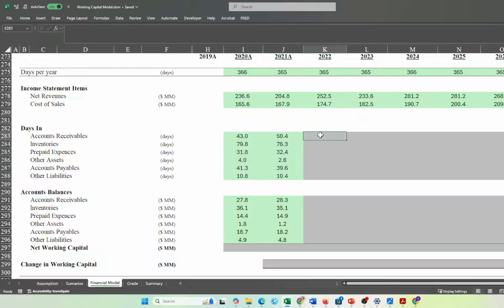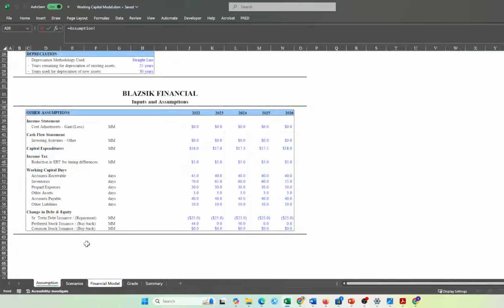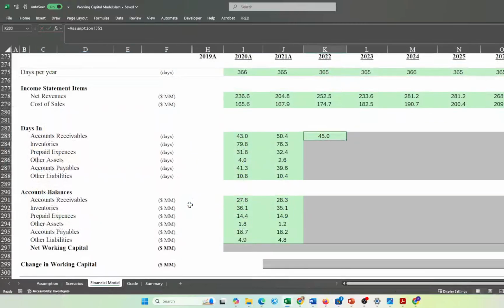Okay, so now what I do is I made my assumptions of the projected days in. So I'm going to say equals, and I'm going to go to that assumptions page, and I'm going to select that first accounts receivable, which is 45, hit enter, and this is pretty quick.